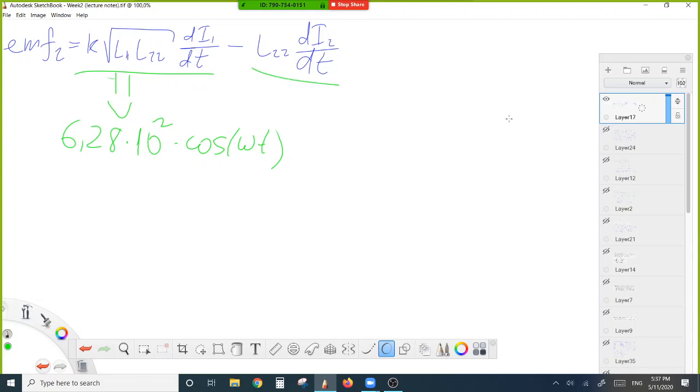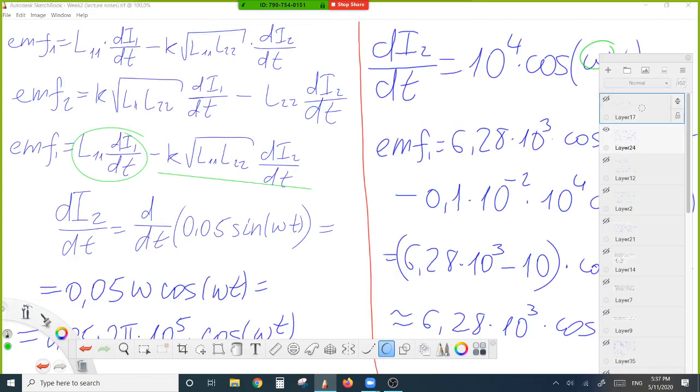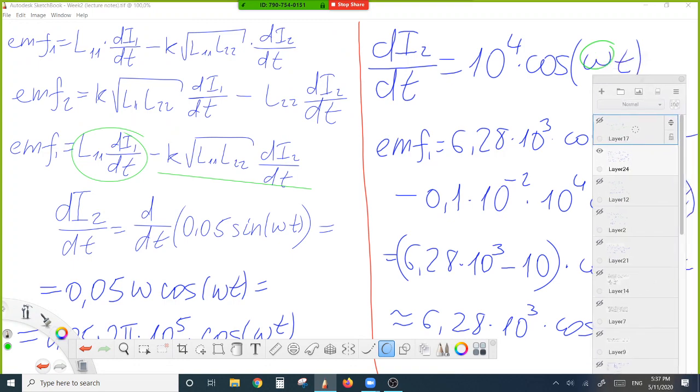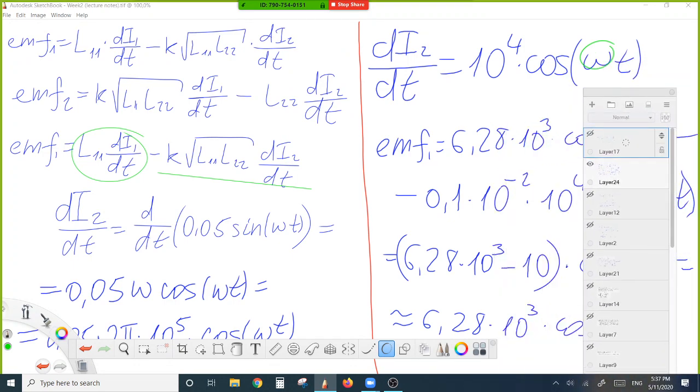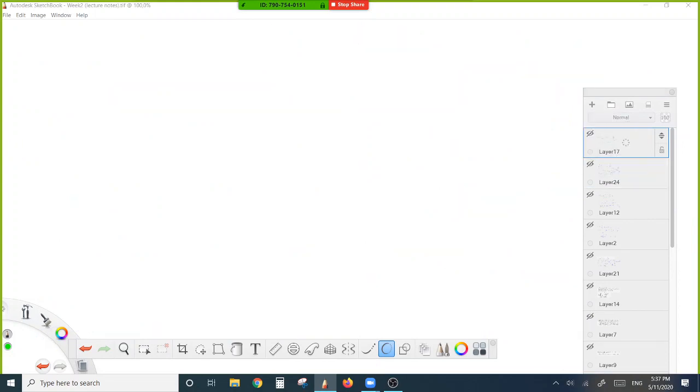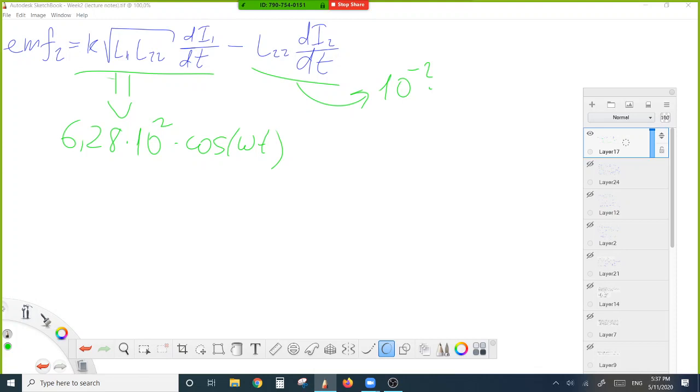And what about this one? This one is L22, 10 to minus 2, multiplied by di2 over dt, which we computed here is equal to 10 to the 4 cosine omega t.